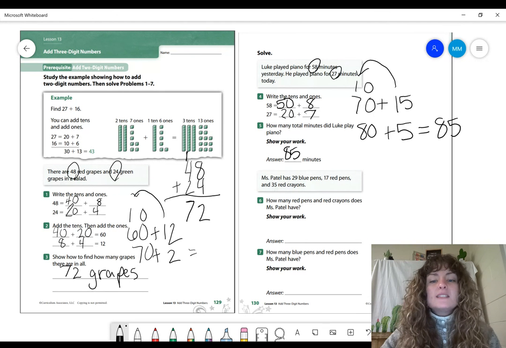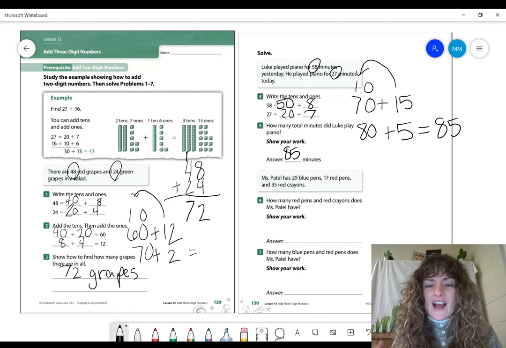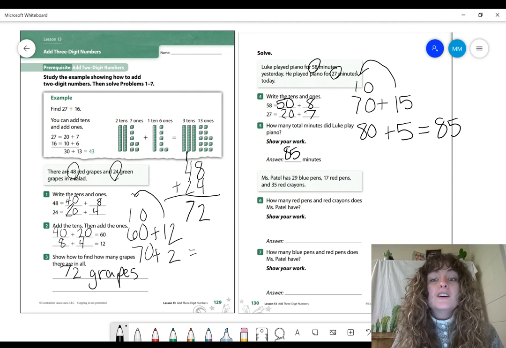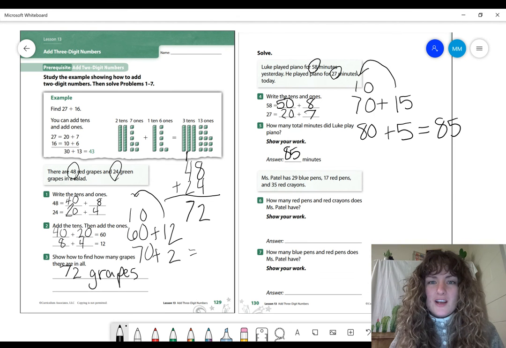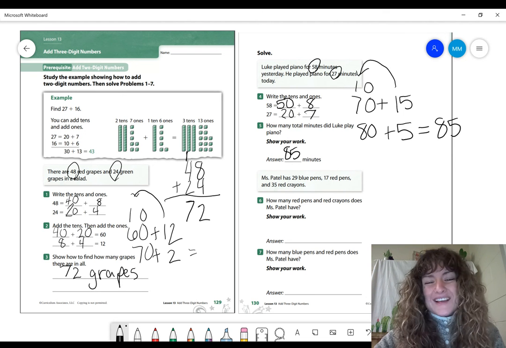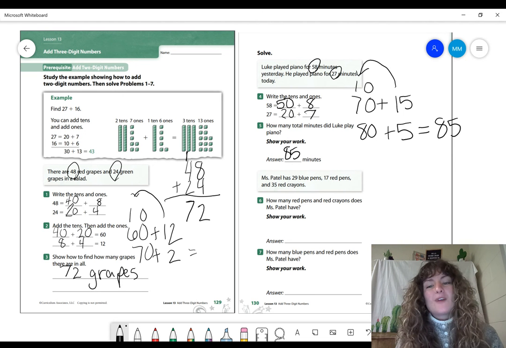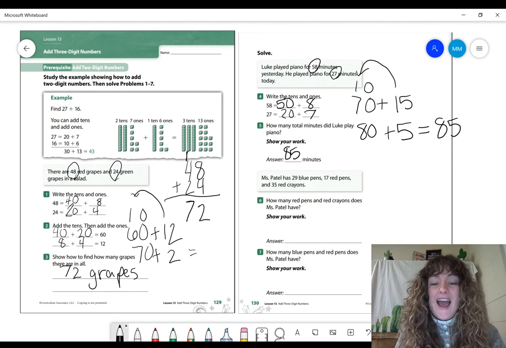It says Miss Patel has 29 blue pens, 17 red pens, and 35 red crayons. Ooh, we're adding 3 two-digit numbers. All right, so how many red pens and red crayons does Miss Patel have? So we are adding 3 parts this time.